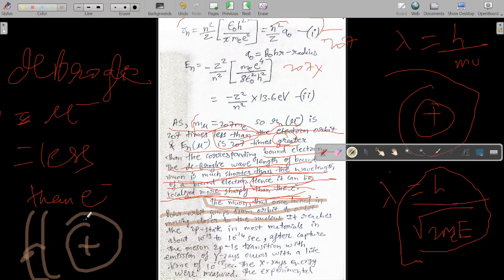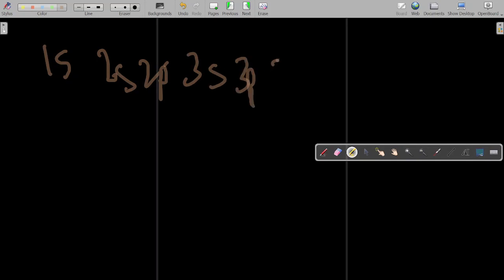You know this very well, that the atom has a 2p orbital. The atoms have the following orbitals: 1s, then 2s, then 2p, then 3s, then 3p, then 3d.